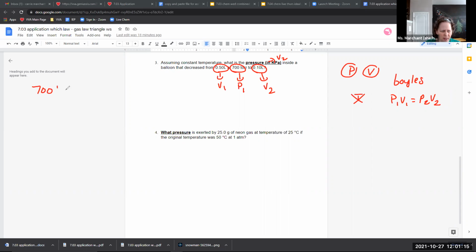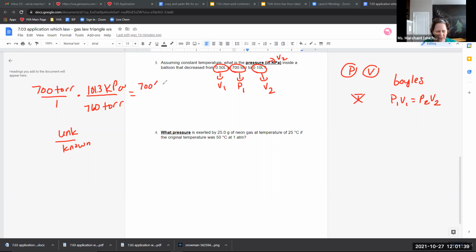So I need to convert 700 torr over 1 times my unit conversion. Remember, unknowns go on the top, knowns go on the bottom. My known is torrs, so it goes on the bottom. My unknown is kilopascals. There are 101.3 kilopascals and 760 torrs.